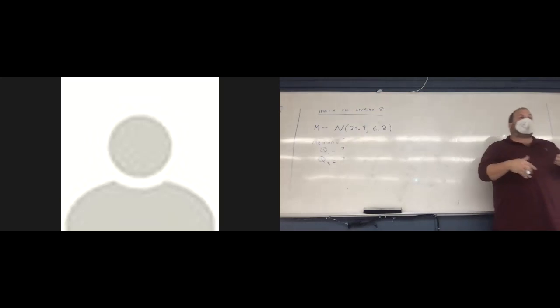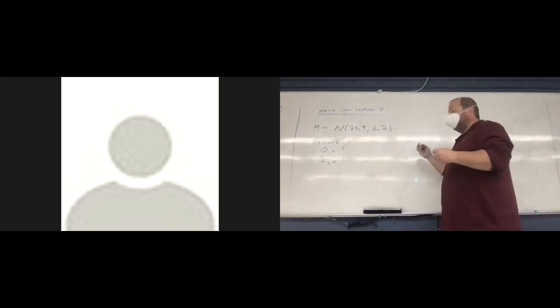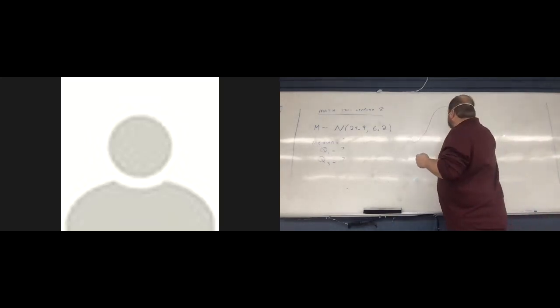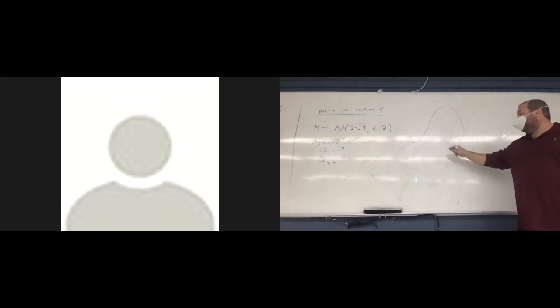And now it's just a matter of making the connection between what I was given and what I was asked to find. So I look at this question and I say, oh, hey, this is a normal distribution. Well, I know what a normal curve looks like. That's my normal curve for this problem. What's the mean? What's the center of this normal curve? 24.9.